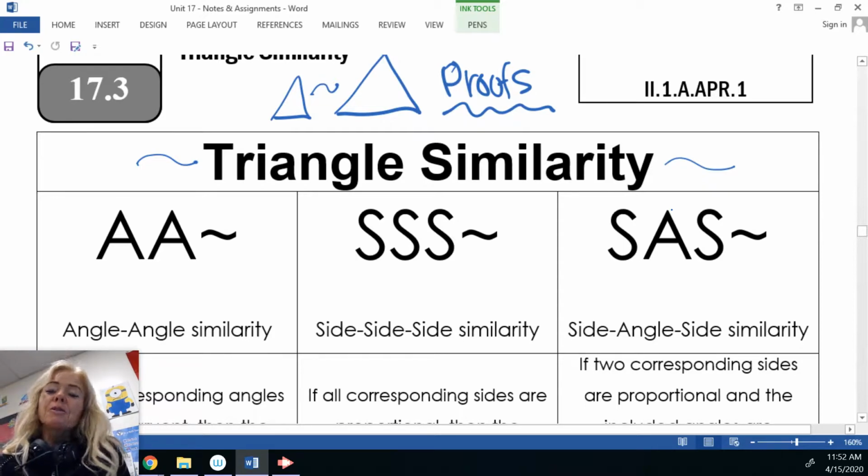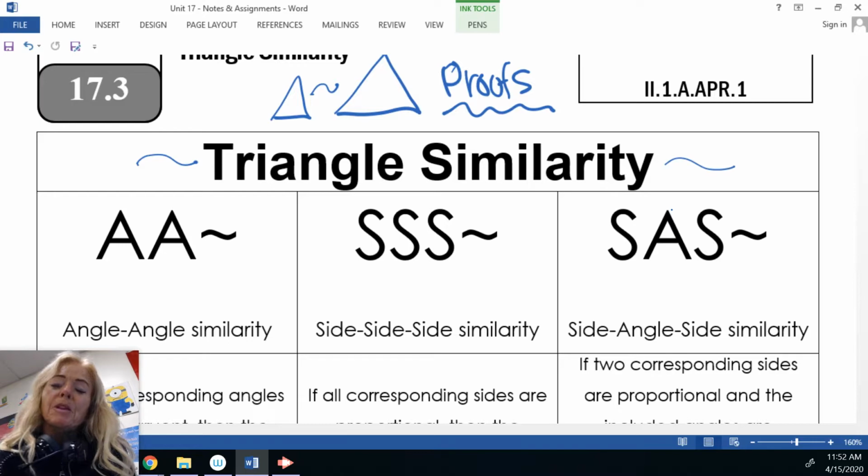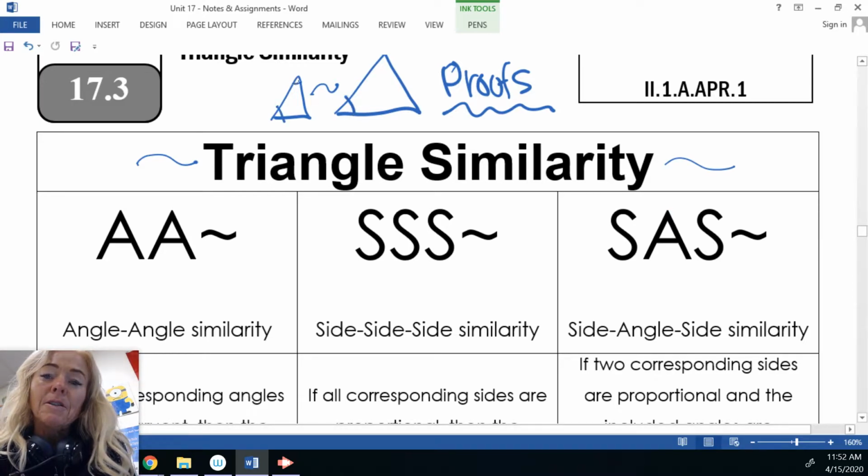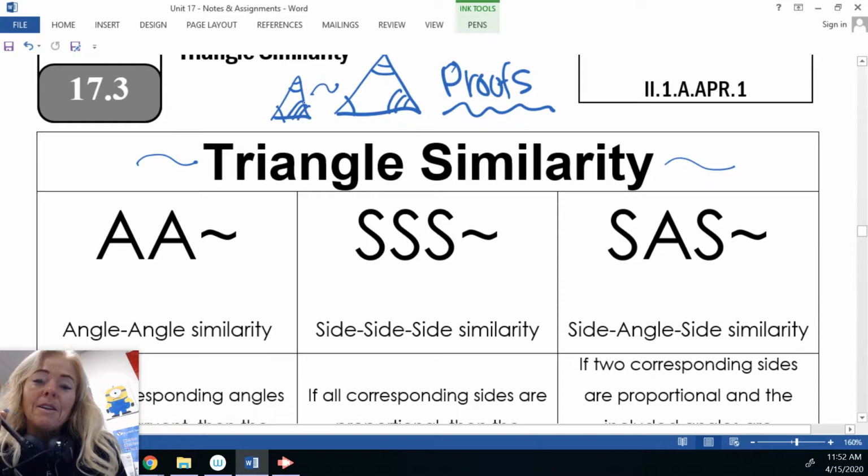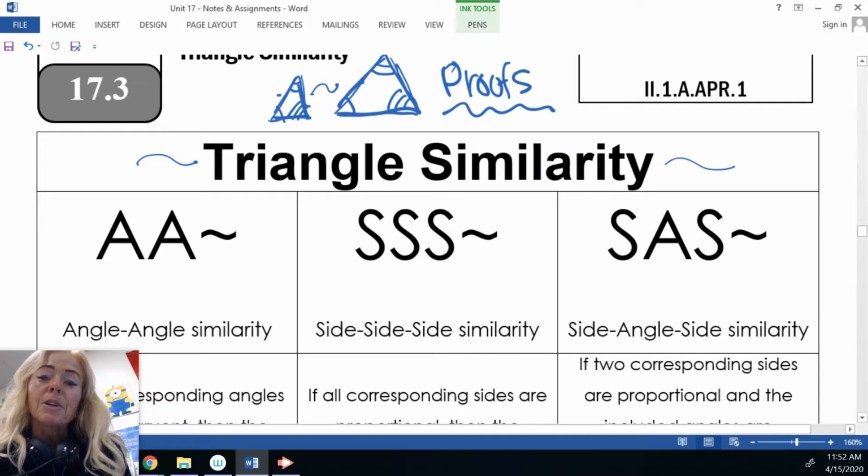Now, in order to prove triangles are similar, remember that 2 things have to happen. First of all, the triangles have to have congruent corresponding angles. So that's number 1. The other thing is all of these sides have to grow by the same ratio, the same factor. So if I take corresponding side divided by corresponding side in all 3 cases, you're going to get the same exact ratio.